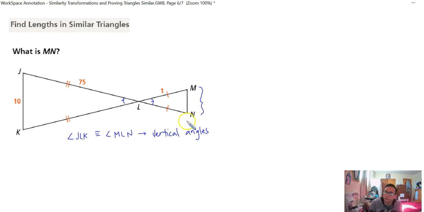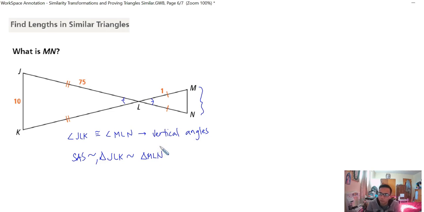And the sides that include angle JLK and angle MLN are proportional. Therefore, by SAS similarity, triangle JLK is similar to triangle MLN.